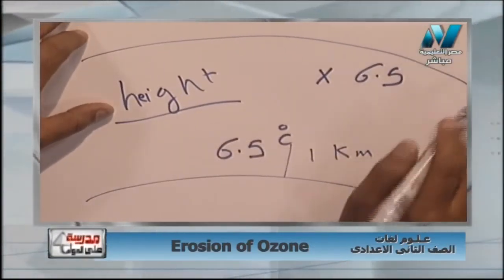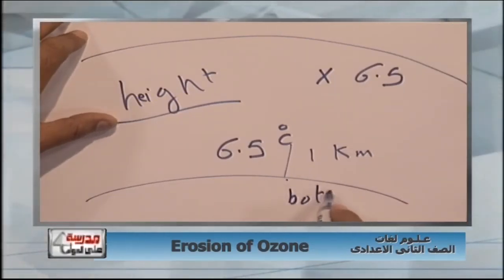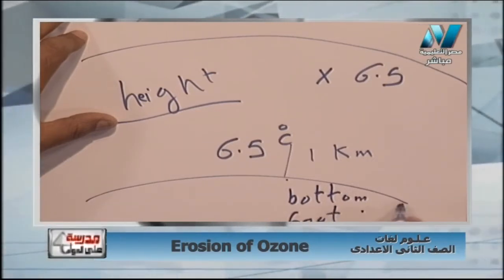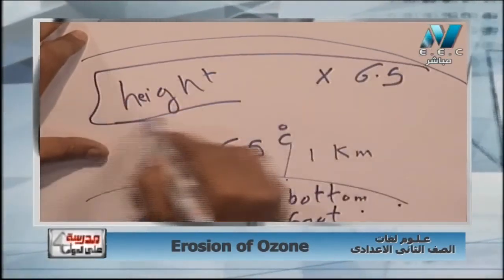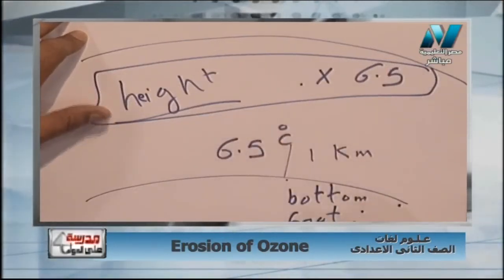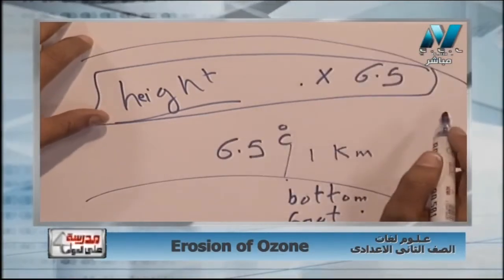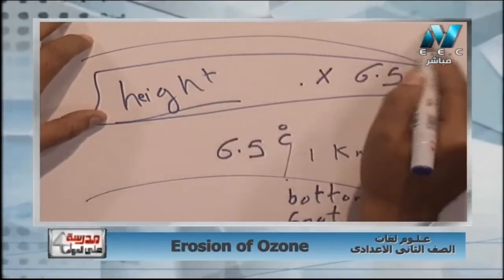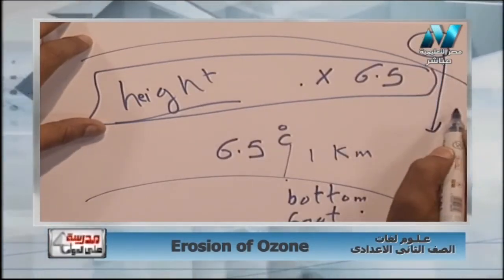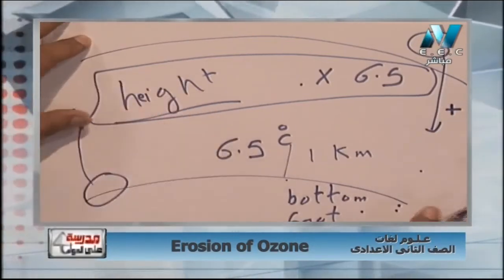Then, if I have the temperature at the bottom or at the foot of the mountain, I must bring this result and say temperature at the bottom minus this result. And if I have temperature at the top and need temperature at the bottom, I must put plus.